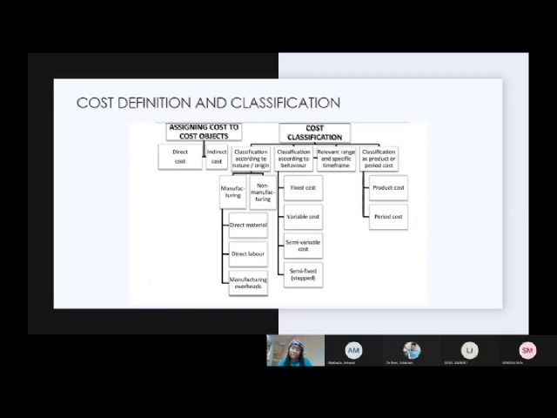Then we'll look at the breakdown as to what constitutes a manufacturing cost. Then we'll look at the behavior of the cost. How does it behave? Is it fixed, variable, semi-variable, or semi-fixed? We'll look at the definition as to what that means.